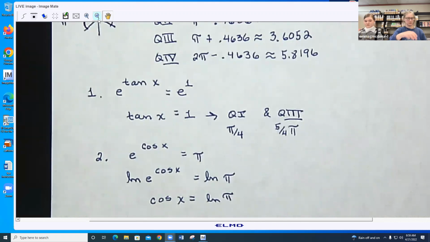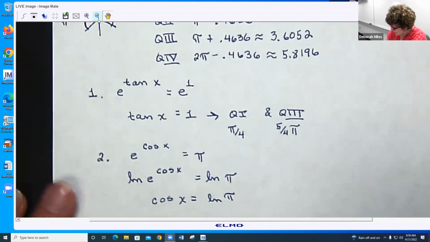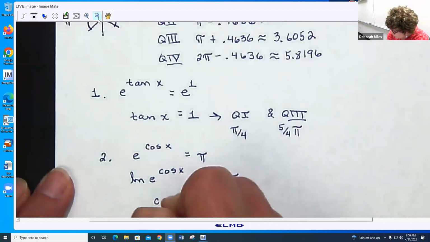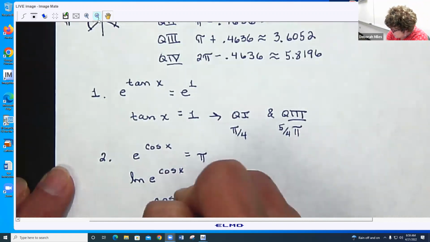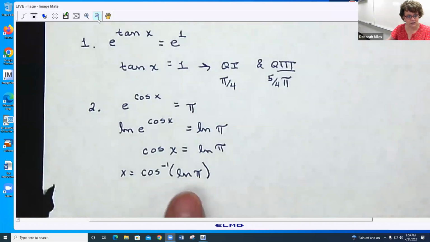Absolutely. I could check and make sure that natural log of pi is a number between -1 and 1, because that's the only way we're going to have an answer here. But even if I don't check it, if I just use inverse cosine of natural log of pi, and I get an error on my calculator, then I'll know that must not be a number between -1 and 1.